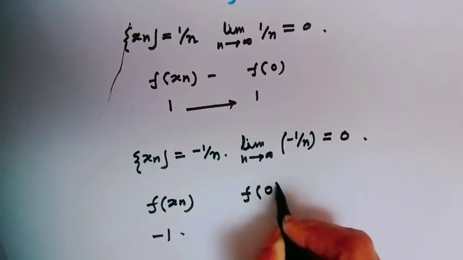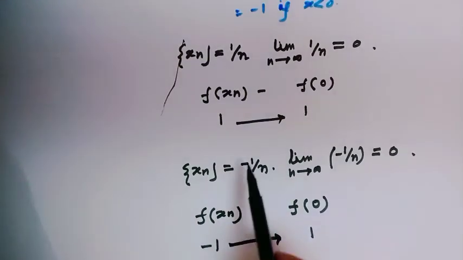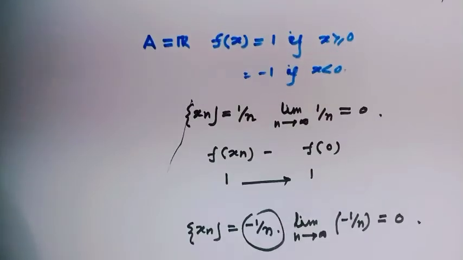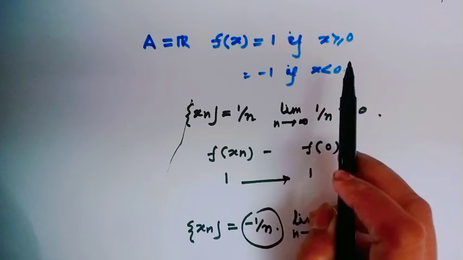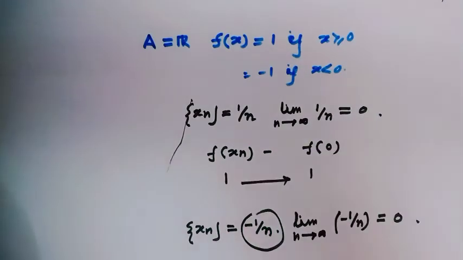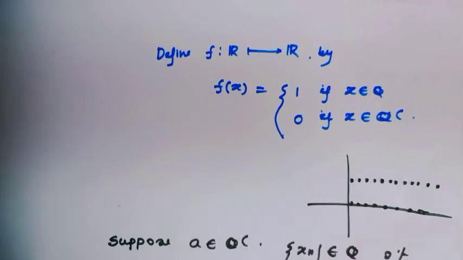And what is f of 0? F of 0 equal to 1. Since this is a constant sequence, this sequence cannot converge to 1. Okay? That means minus 1 does not converge to 1. And for this particular sequence, the function has a discontinuity at the point 0.